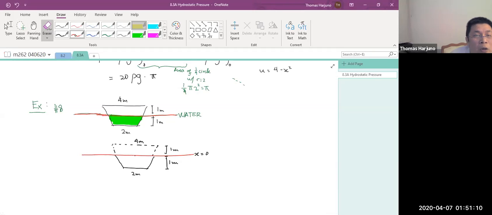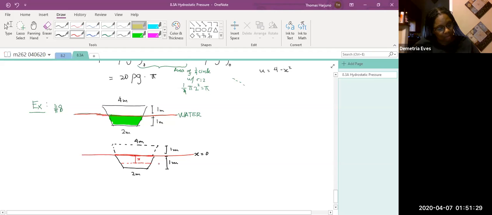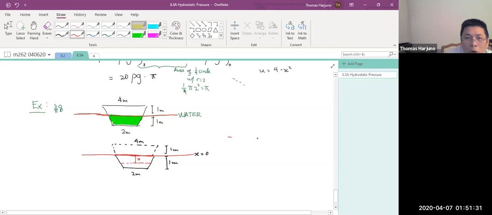Let's say I go as deep as x unit. What will the width be? What will the width be? Now, let's take a look at that trapezoid.